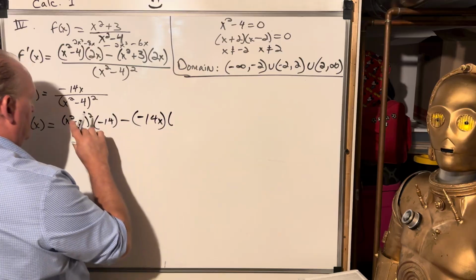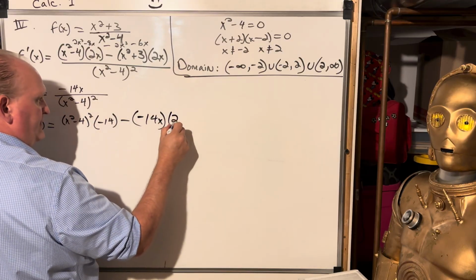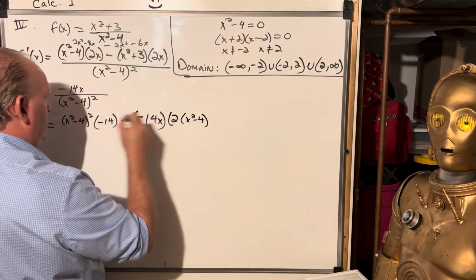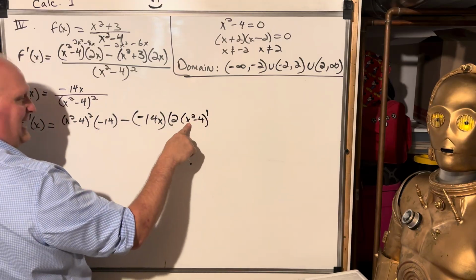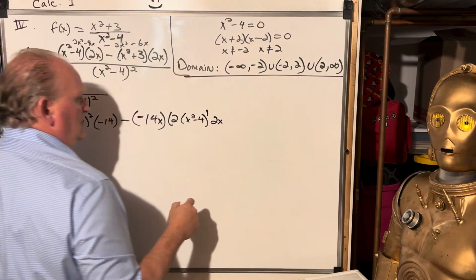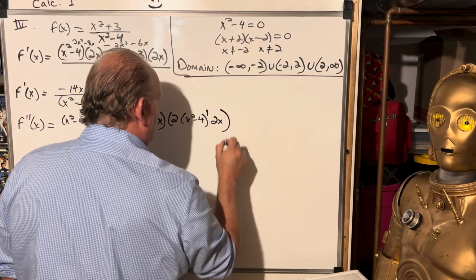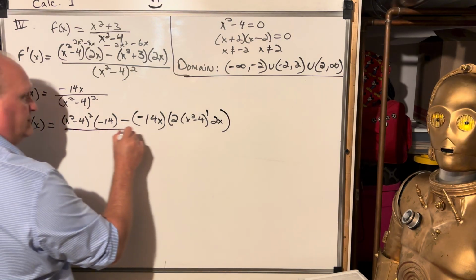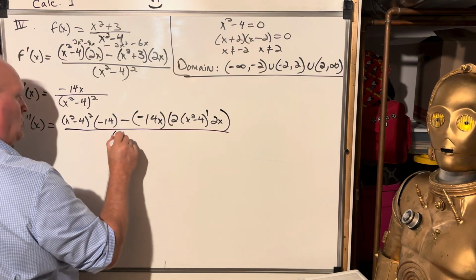Ooh, the derivative of the lower has got a bit of a problem, right? We've got 2 times x squared minus 4 to the first, and then times the derivative of the stuff inside. So we have the quotient rule and the chain rule. All over low squared.